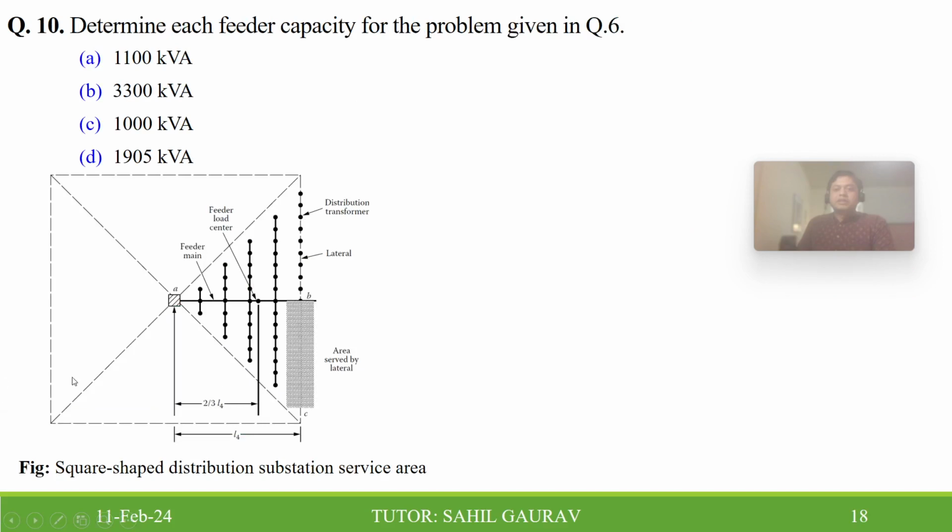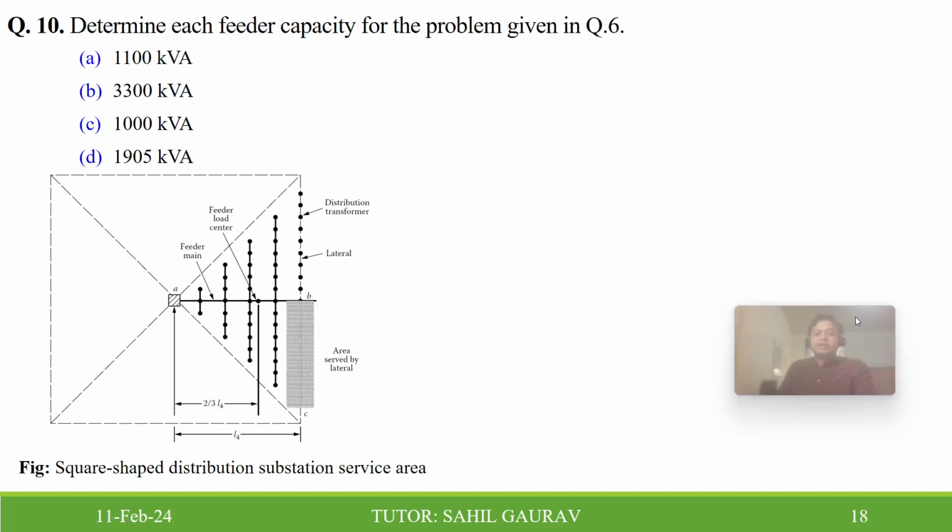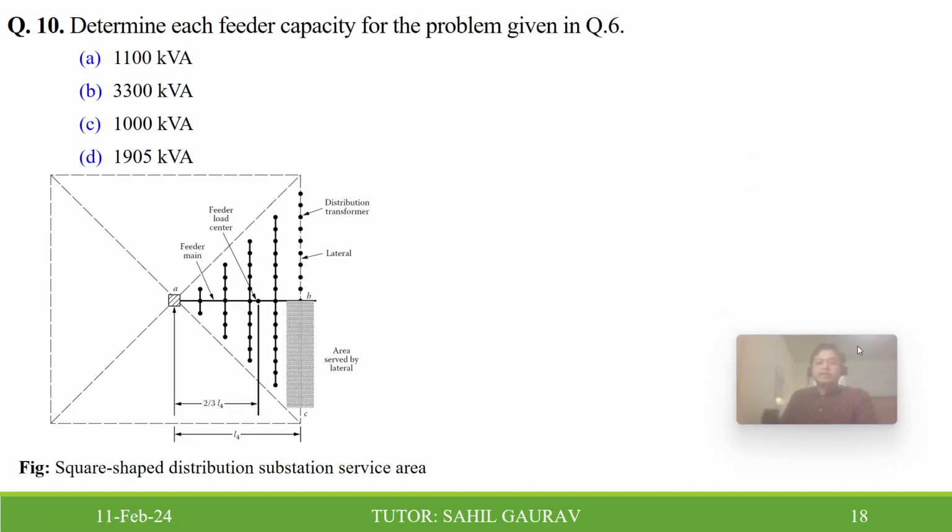Now let us see the next problem. Determine each feeder capacity for the problem given in question 6. So we have to find the each feeder capacity that is represented by S4.